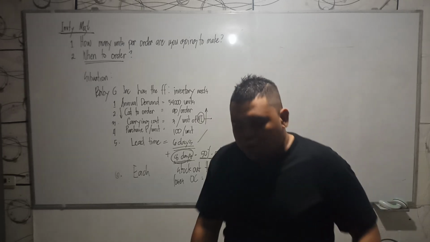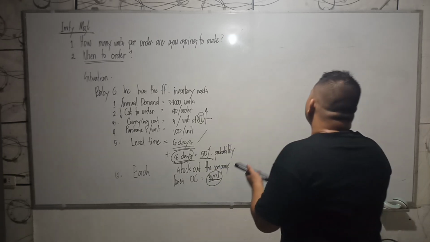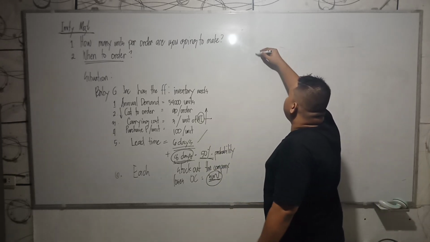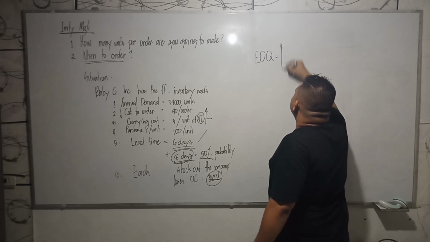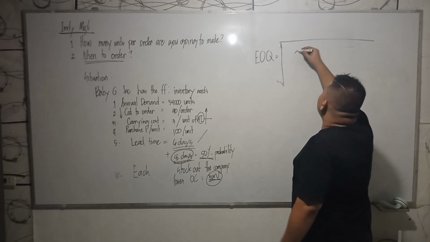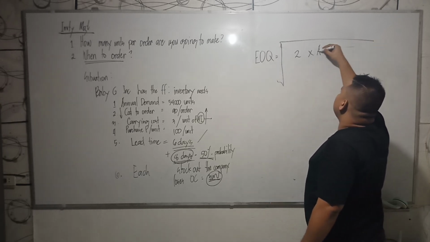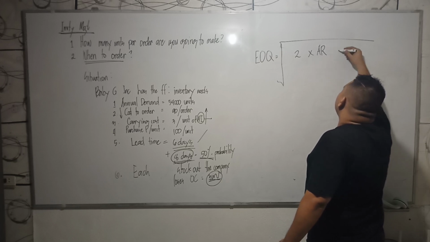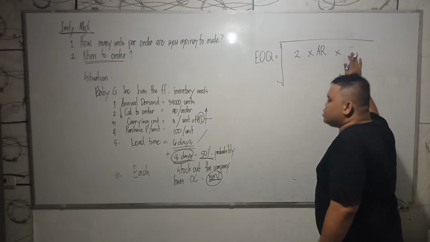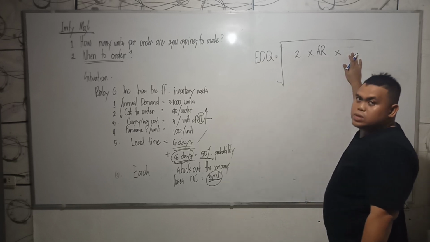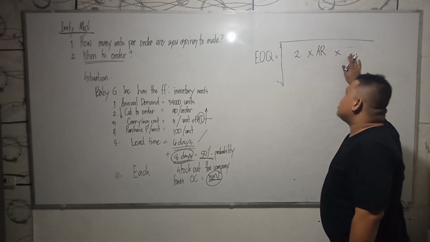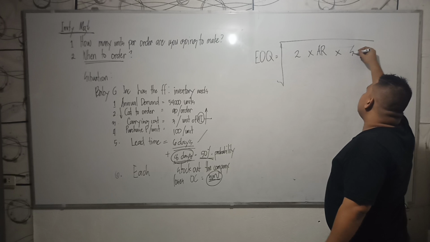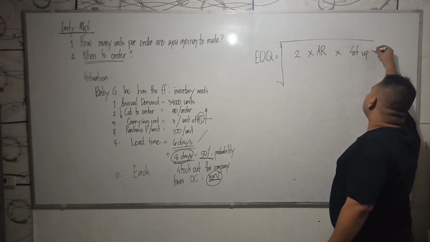So if you are making inventories, your formula will be revised. Your EOQ will become 2 times annual requirement still, but instead of cost to order, because you are now making your own inventories, okay? You're not going to order from suppliers. It will become setup cost.